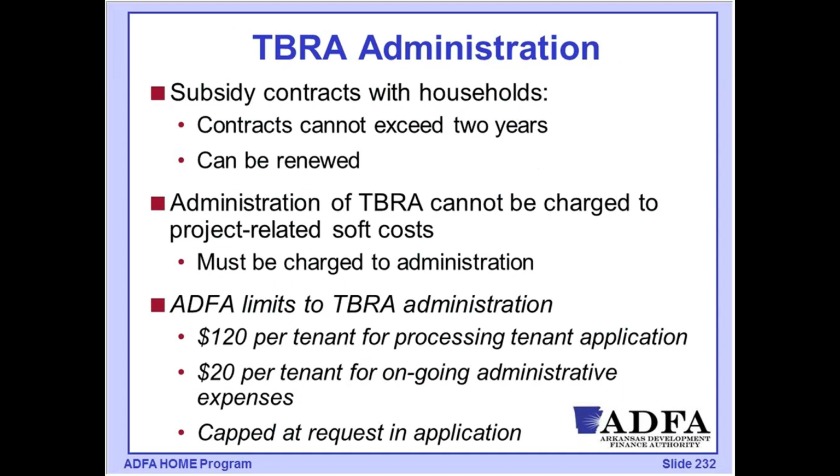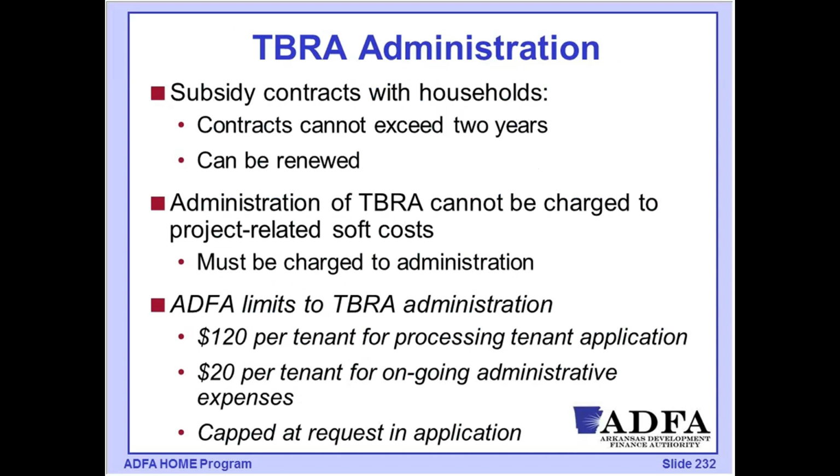They can be renewed, so just because the contract itself cannot exceed 2 years does not mean that after 2 years we couldn't then execute a new agreement for another 2 years. As we mentioned, we're hoping that our households will not be long-term on the program, but will be able to move into some more permanent sorts of funding.